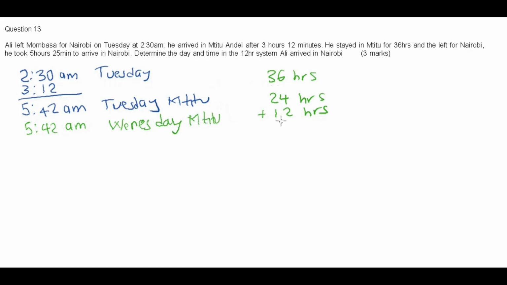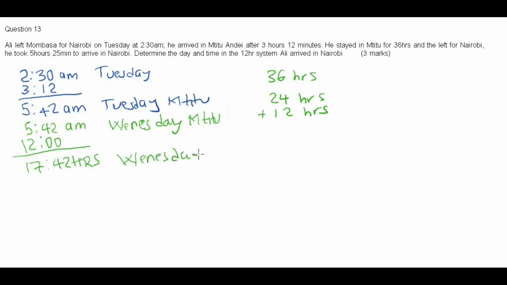So you add another 12 hours because it was a total of 36 hours. It will be 1742 hours, so still on a Wednesday.